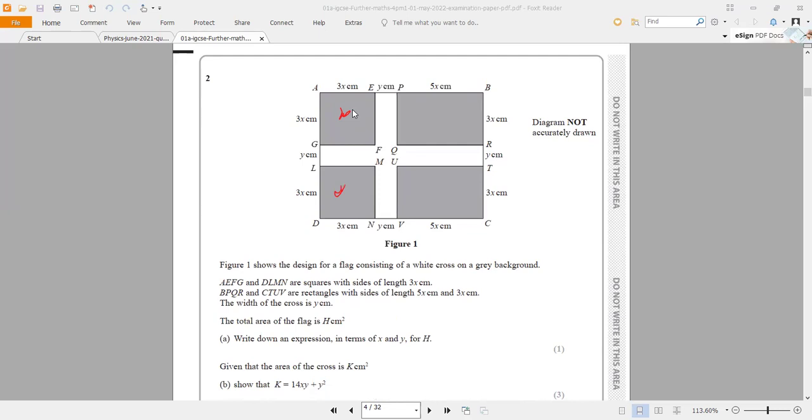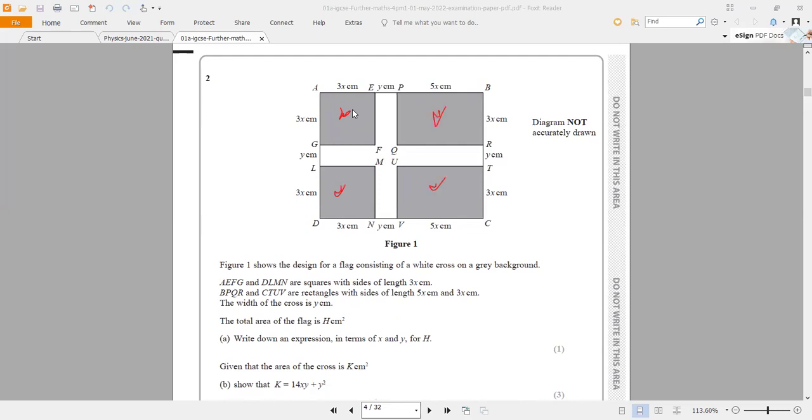They are squares with side length 3x centimeters. B, P, Q, R and C, T, U, V are rectangles with length 5x centimeters and width 3x centimeters.